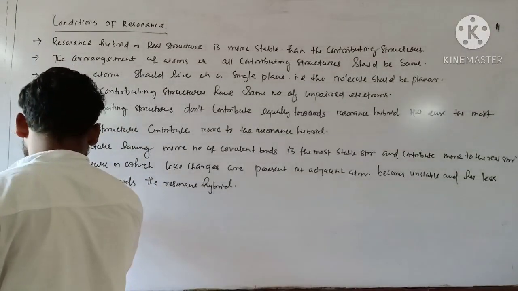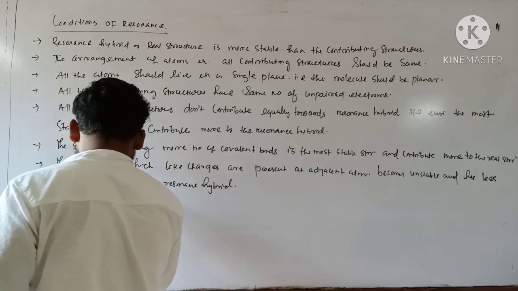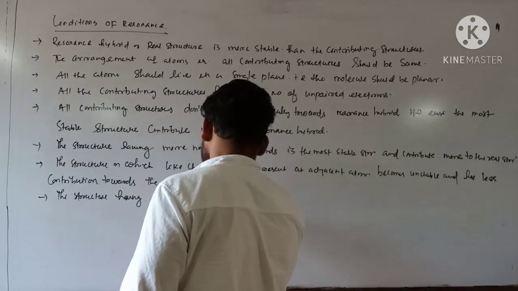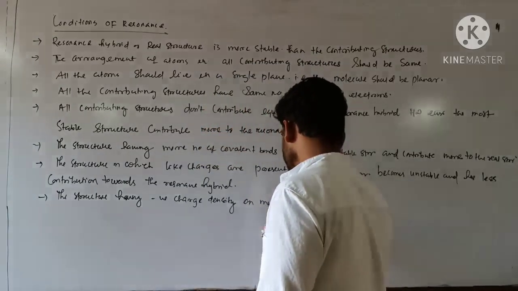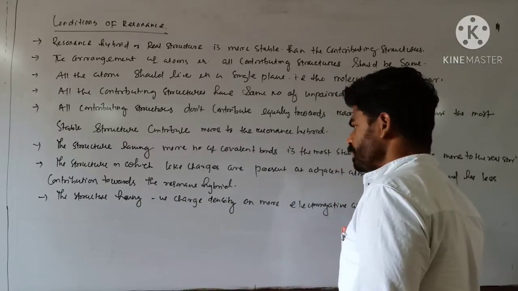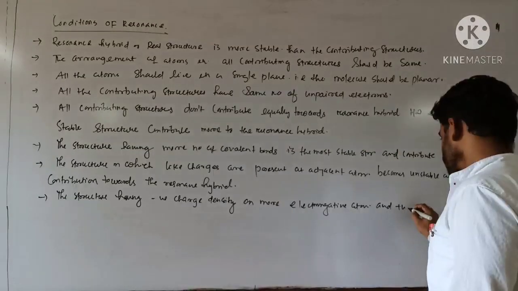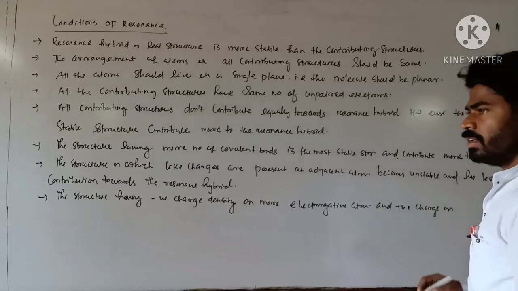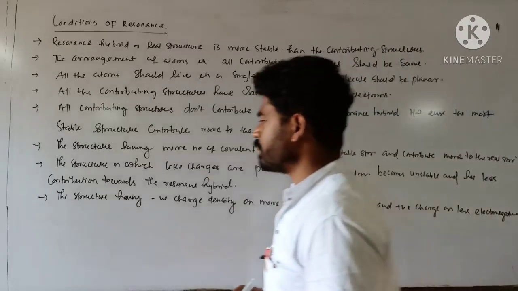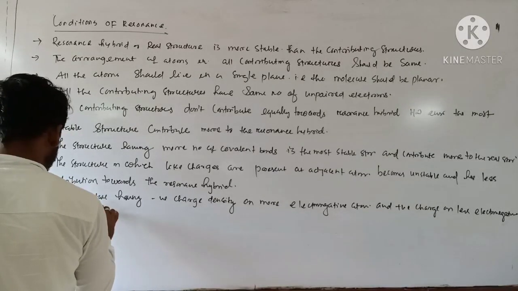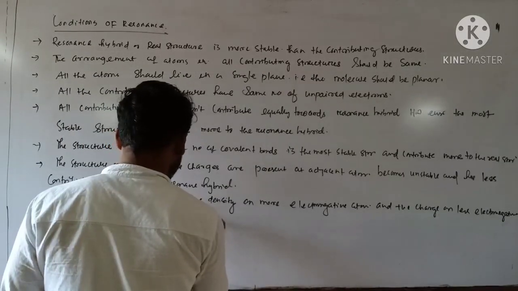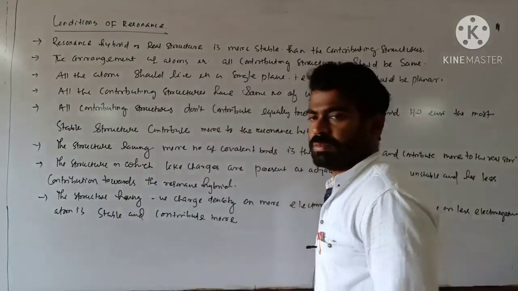The structure having negative charge density on the more electronegative atom, and positive charge on the less electronegative atom, is stable and contributes more towards the resonance hybrid.